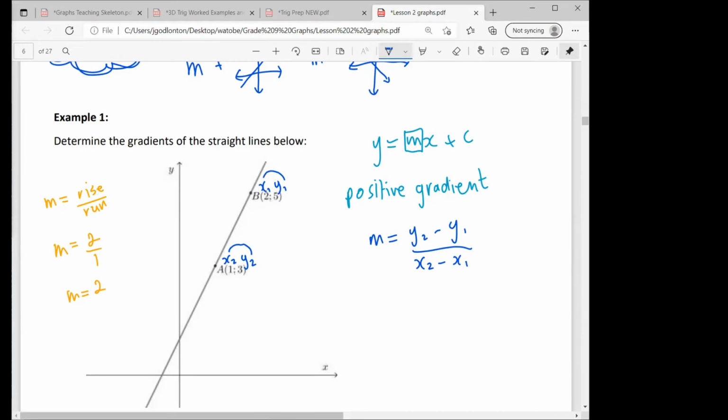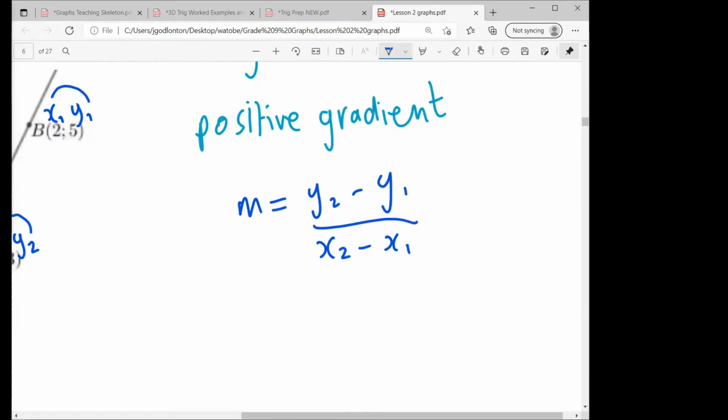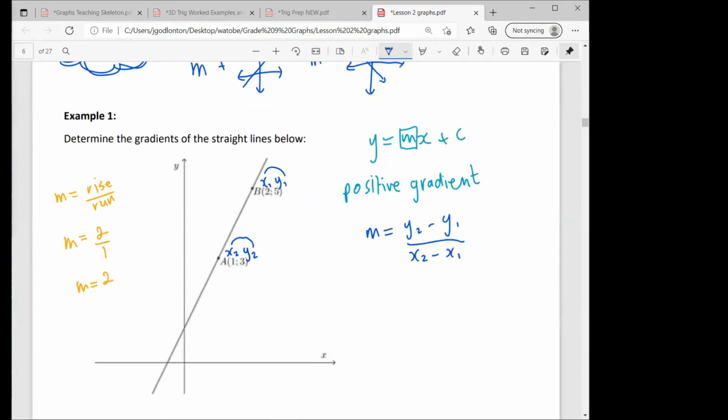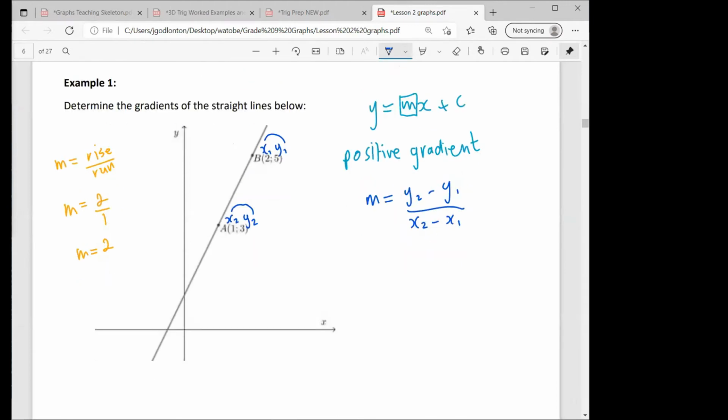Okay. And then once we've labeled it, we literally put it straight into our formula. So m is y2, which is 3, minus y1, which is 5, over x2, which is 1, minus x1, which is 2.